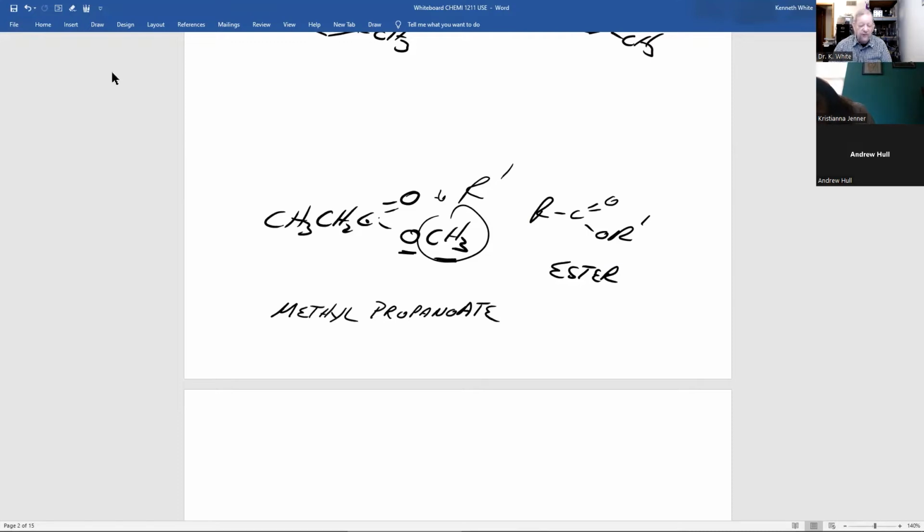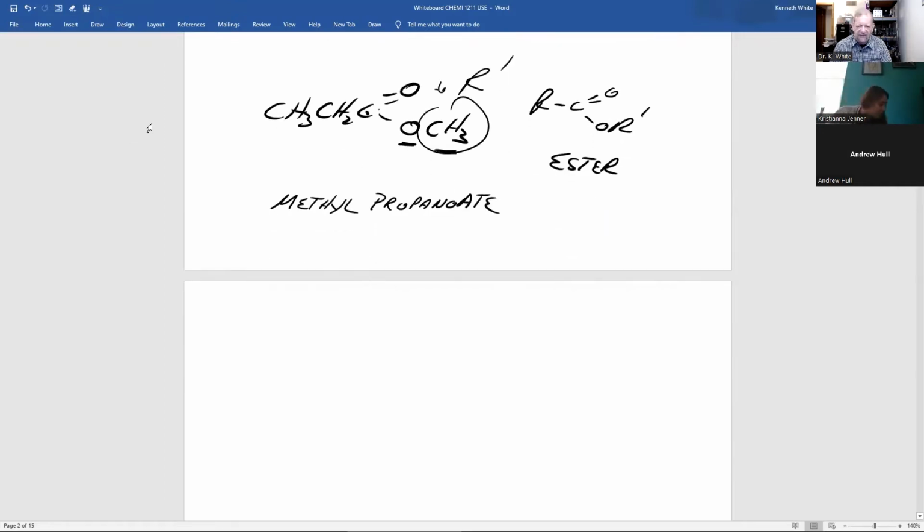Now, what the student came up with gives the same answer, except for one thing I'll explain later on today. If you look at the same thing, name R prime as the alkyl group it is, methyl. Then you count how many carbons, including the carbonyl carbon, are in this part of the ester.